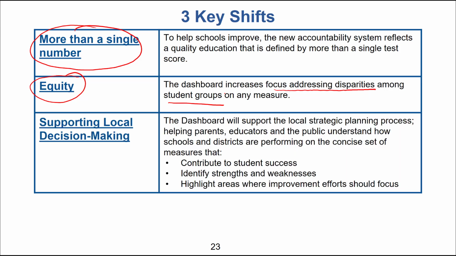And then lastly, this all is about supporting local decision making. What can you do locally as a team, as a district, as a school site to be able to inform the LCAP to make decisions in regards to funding sources and program in order to increase and improve your system.